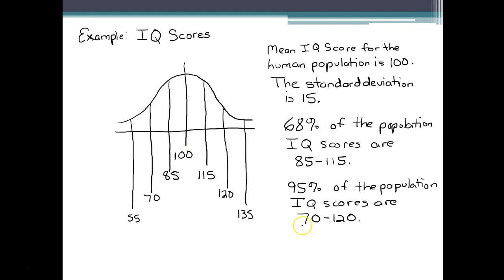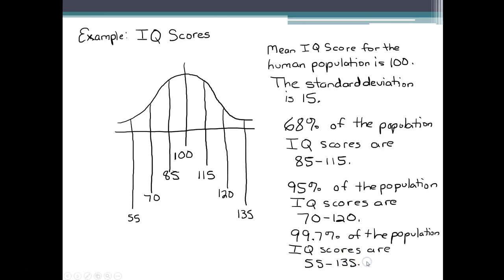Then finally, 99.7% of the population IQ scores are 55 to 135. So most of the population, except for extreme few, fall somewhere from 55 to 135.